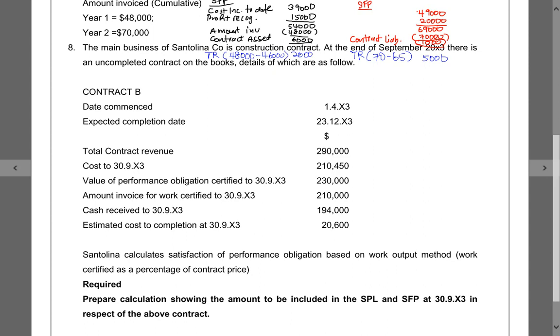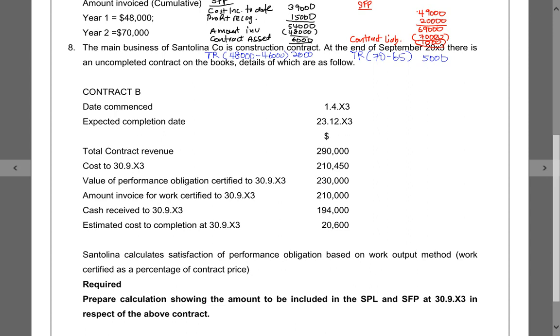Total contract revenue is 290. Cost to 30th September, so the total cost incurred to date, is 210. Value of performance obligation certified, so work certified, is 230. Amount invoiced for the work certified is 210.